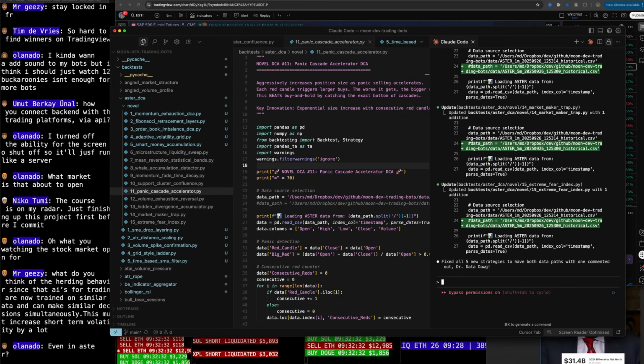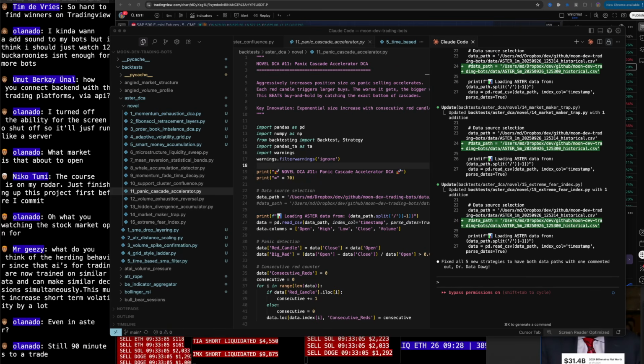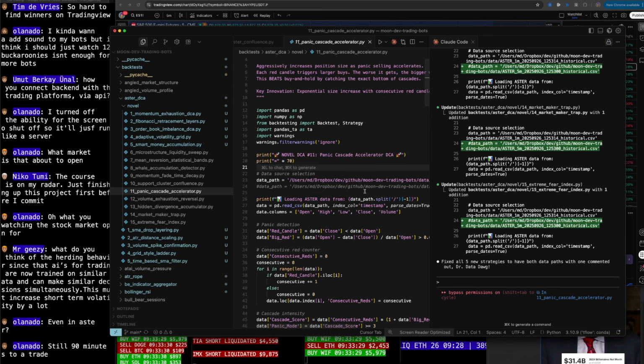Fix all 5 data sources. Still 90 minutes to trade.